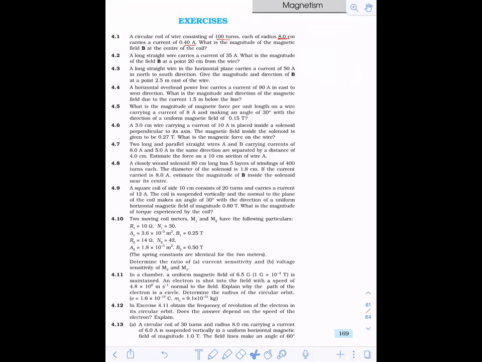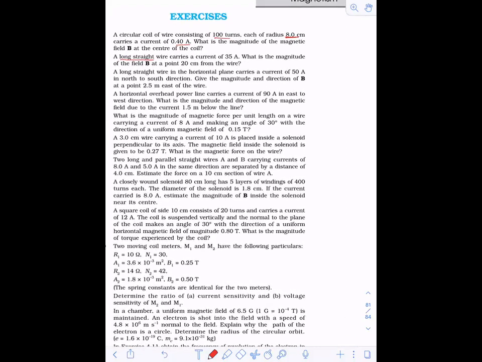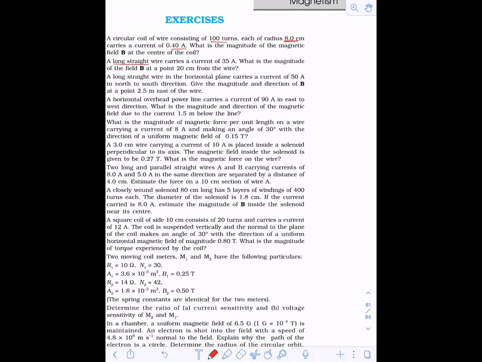So this is again a standard result because we have a long straight wire. A long straight wire means what? That it is an infinite wire case. So for an infinite wire case, what do we have?